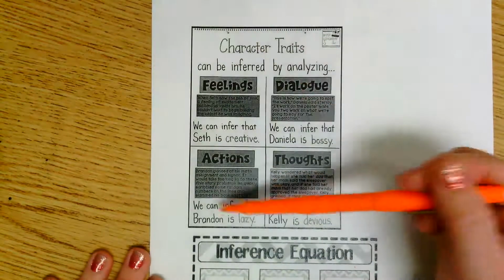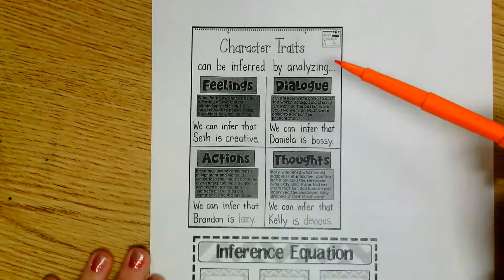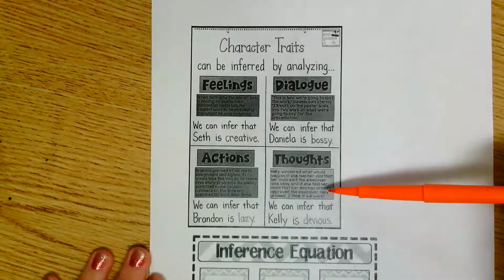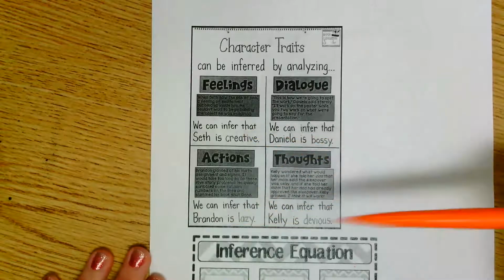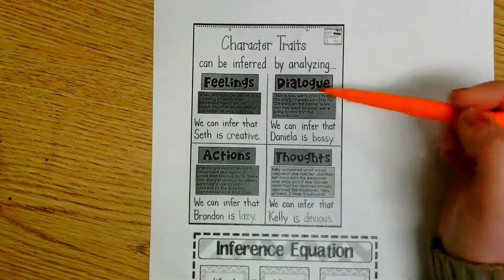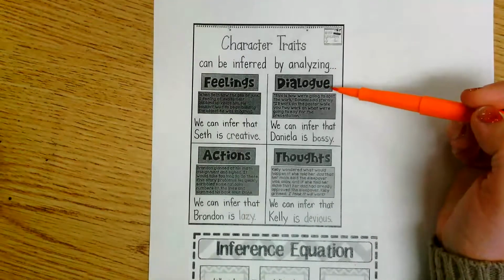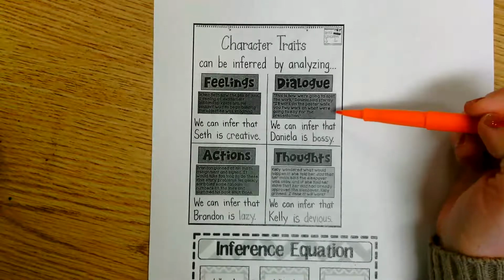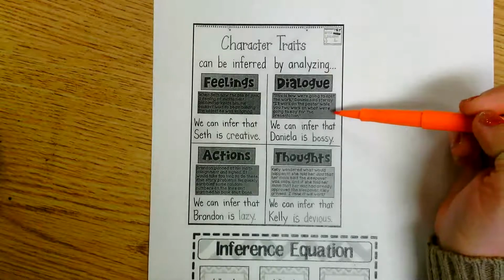So on this particular part of the study guide, you're given little boxes about particular characters, and then there's an inference about each one of their character traits. So let me just give you an example. So dialogue, when I look at what a character says. In this box, it says, this is how we're going to split the work, Daniela said sternly. I'll work on the poster while you two work on what we're going to say for the presentation.